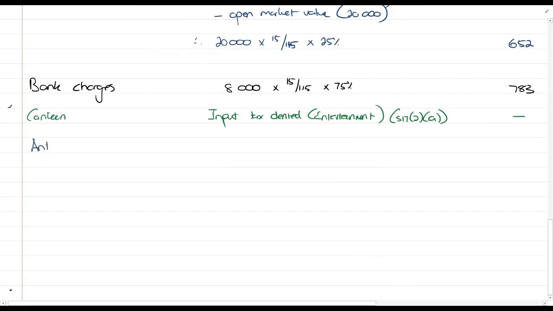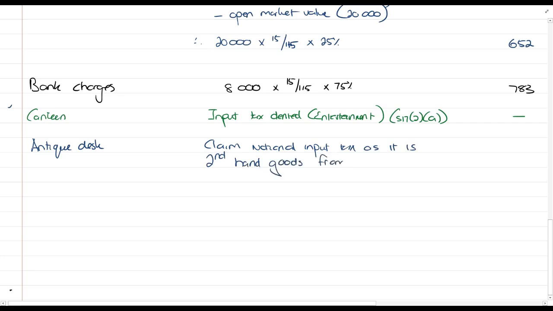So the antique desk, this is what you would say in your solution. Claim a notional input tax as it is second-hand goods from a non-vendor.